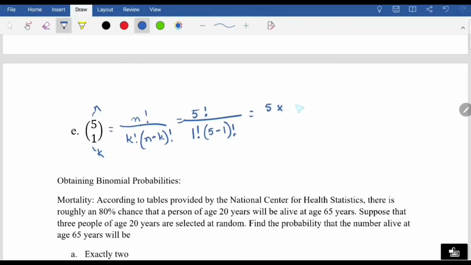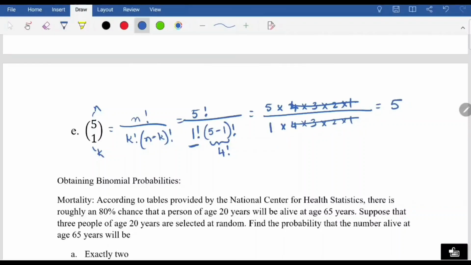So let's do the calculation. 5 times 4 times 3 times 2 times 1 divided by 1 factorial is a 1, and 5 minus 1 factorial is 4 factorial. So times 4 times 3 times 2 times 1. Divide this. 5 divided by 1 is a 5.